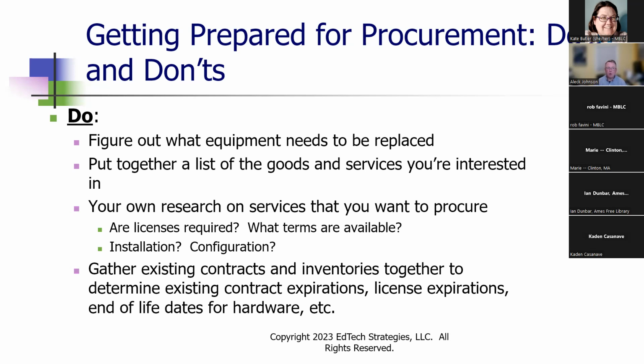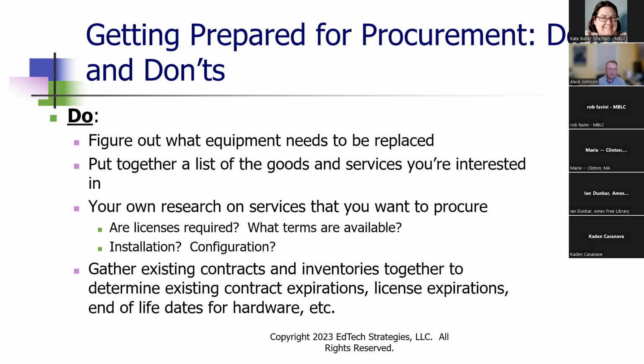You should answer a couple of questions about the services that you want to procure. Do you need licenses? If you need licenses, what are the license terms? In other words, how long are those licenses going to last? What are the different options available for that? Are you going to need someone to install and configure the equipment for you, or are you going to install and configure it yourself?